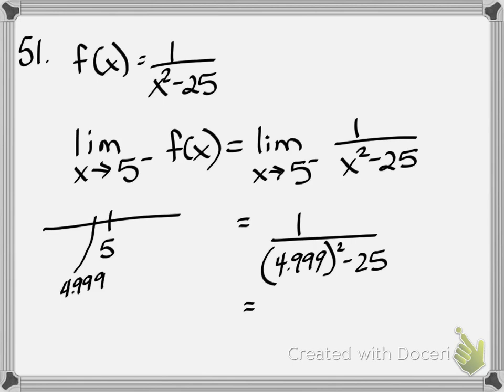That is a little less than 5. So a little less than 5 squared is a little less than 25. So this would be 1 over a tiny negative. And a regular number divided by a tiny number is an infinity answer. And a positive divided by a negative is negative infinity. And you could have also plugged that into your graph and looked at it.